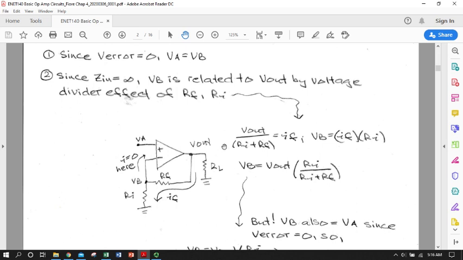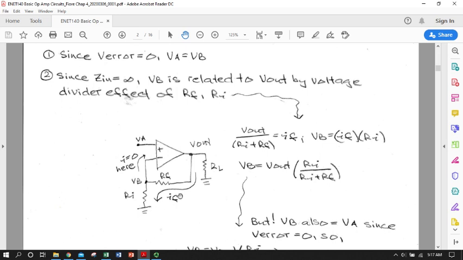Well, that's pretty easy. And if I want to define the voltage at VA, well, I can use the fact that V error is 0 and VA equals VB and say, well, my voltage up here is the same as my voltage down here, which is the voltage here. Now, if I wanted to express V sub B with reference to ground, I could just say, well, the voltage with reference to ground is going to be the current flowing through whatever resistance is between me and ground times that resistance.